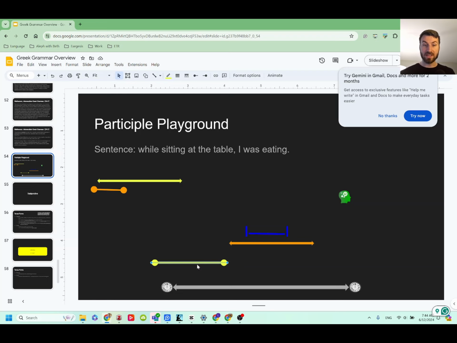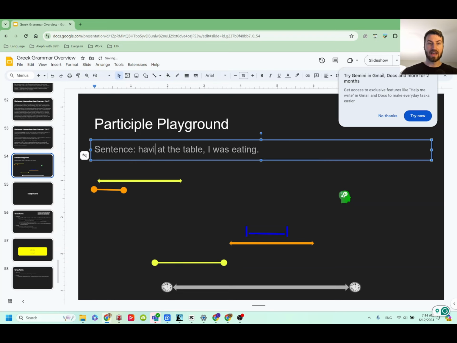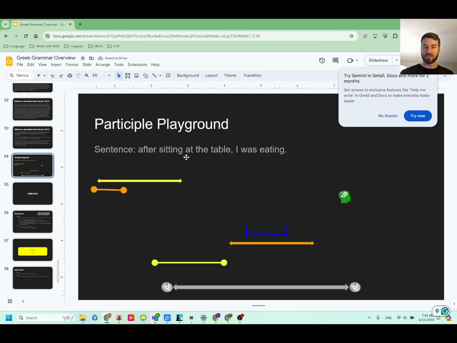So we would translate this as something like "having sat at the table," or maybe "after sitting at the table." The act of sitting down is complete, which is what the aorist aspect communicates.